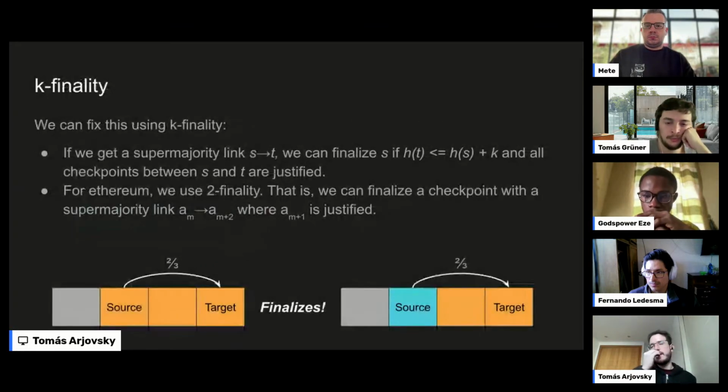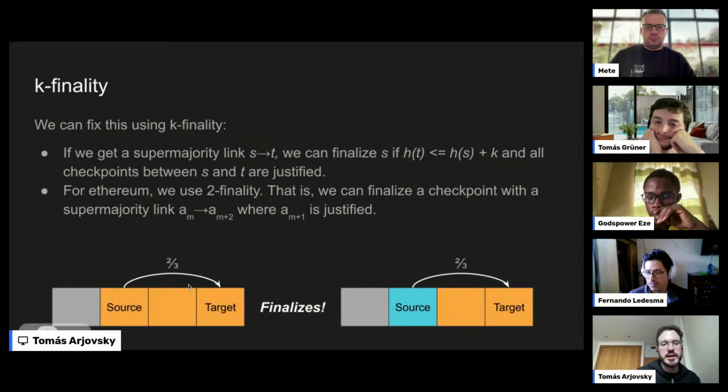So what they invented for this is k-finality. K-finality is a kind of relaxed finality where they also allow you to finalize an epoch if you have epochs that are justified in between. And Ethereum uses k equals 2, or 2-finality, which basically means that we cover this specific case.